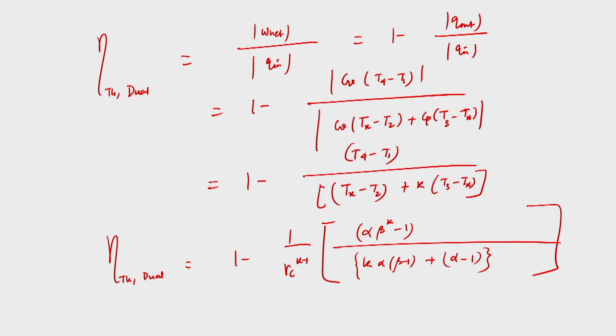I can come from one step to the other with a few more rearrangements, and eventually we arrive at this expression. That means we have established the efficiency of a dual cycle in terms of compression ratio, cutoff ratio and pressure ratio. Fine.